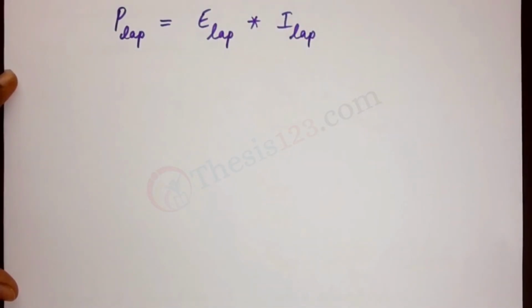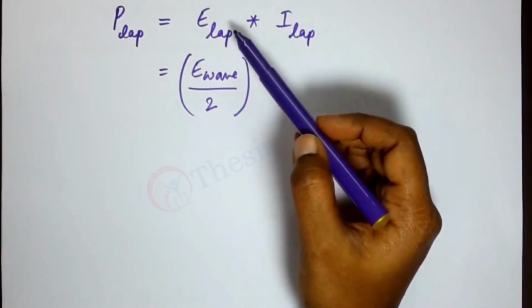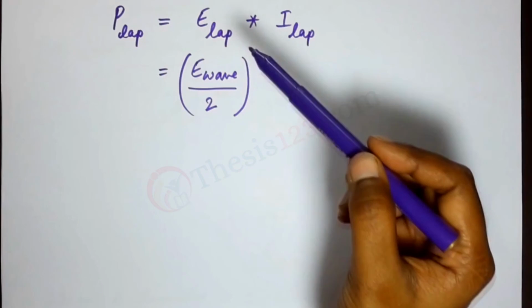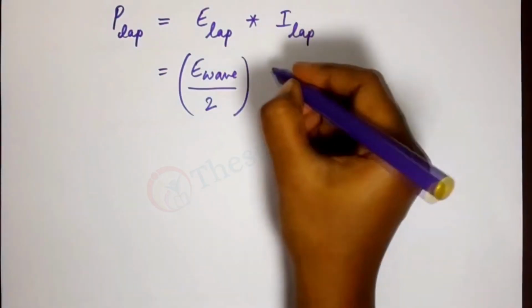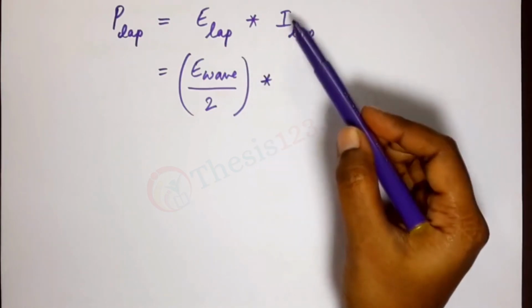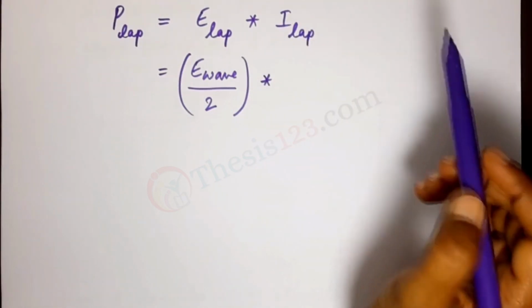This is the general equation, power equals voltage times current. The induced EMF of lap winding is the induced EMF of wave winding divided by 2, and the current of lap winding is twice the current of wave winding.